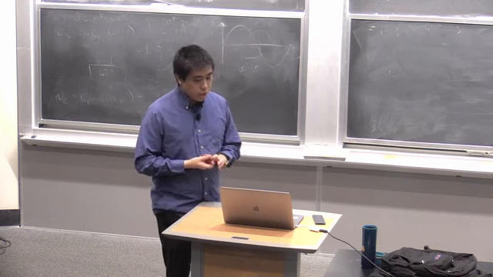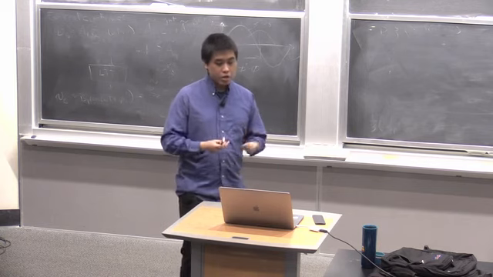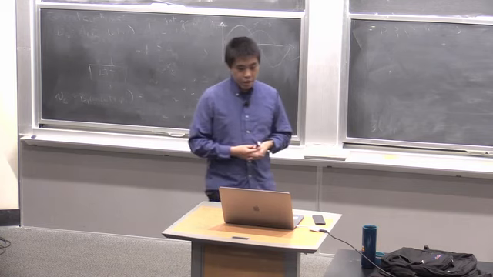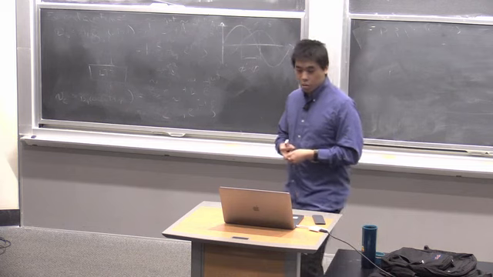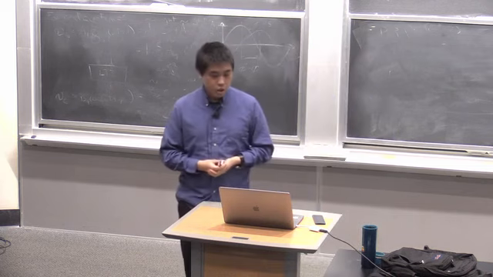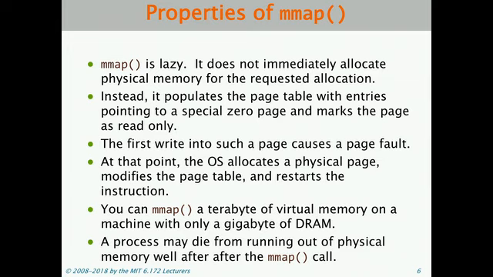And then the first time you write to such a page, it will cause a page fault. And at that point, the OS is going to modify the page table, get the appropriate physical memory, and store the mapping from the virtual address space to physical address space for the particular page that you touch, and then it will restart the instruction so that it can continue to execute.